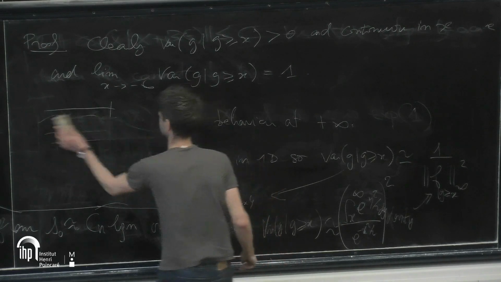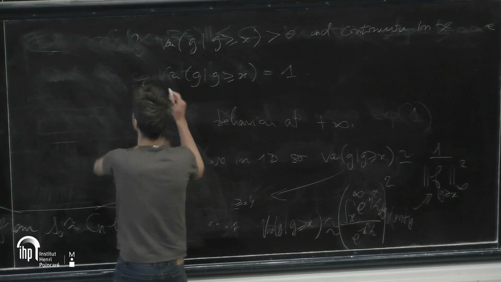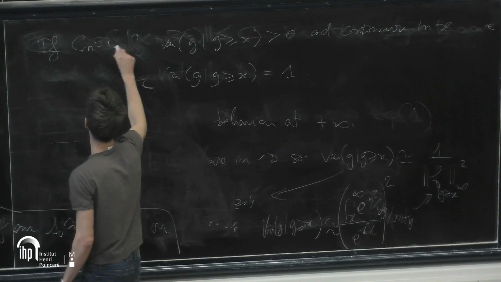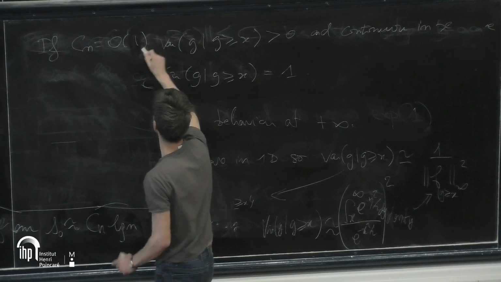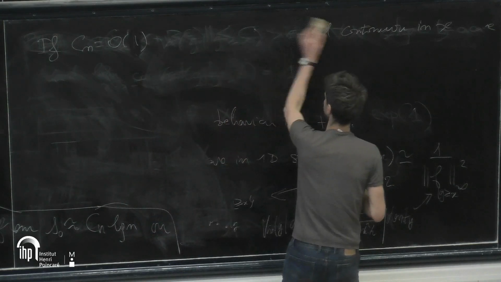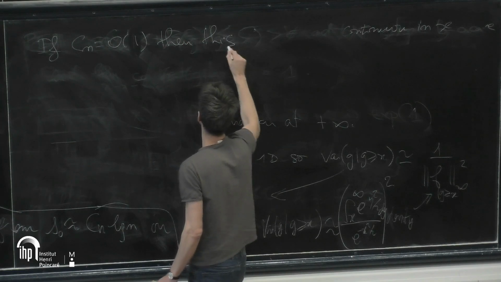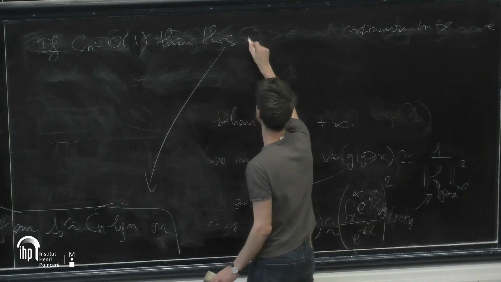So if KLS is true, if C_n is order 1, then this is sharp.